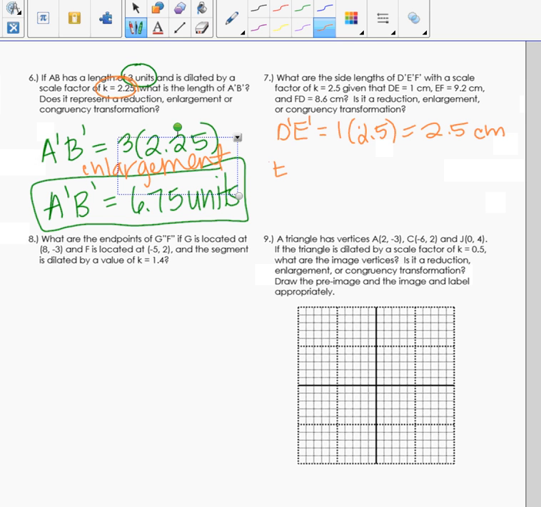Okay, E prime, F prime. You're going to take your 9.2 of the pre-image, multiply it by your scale factor, and you get 23 centimeters.